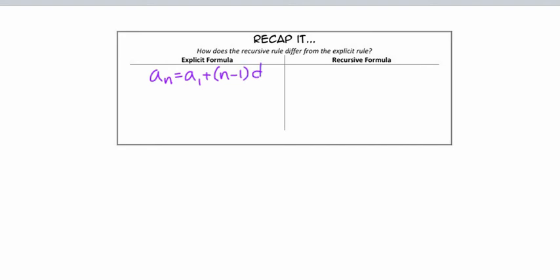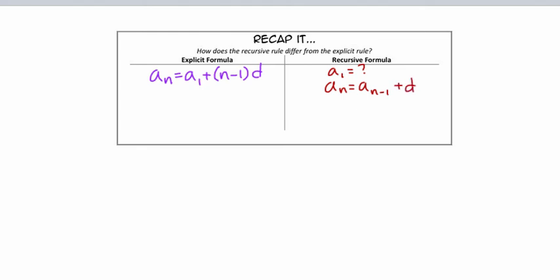The recursive formula, which we just went through, we need our first term, whatever it is. I'm just going to put a question mark. And we also have the a sub n, the nth term. It's going to depend on the term right before it, and we're going to add on our common difference.